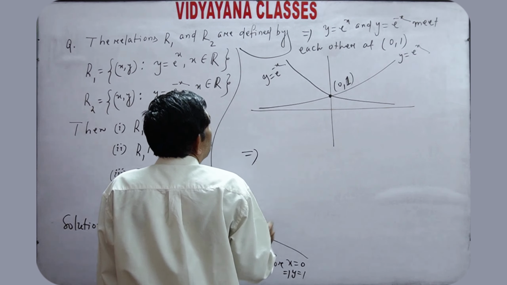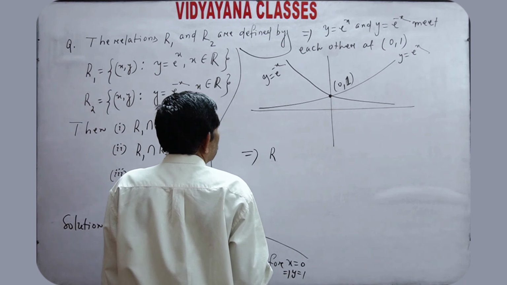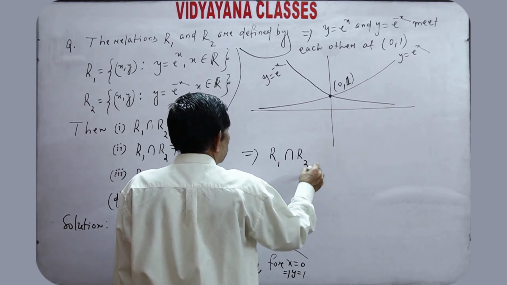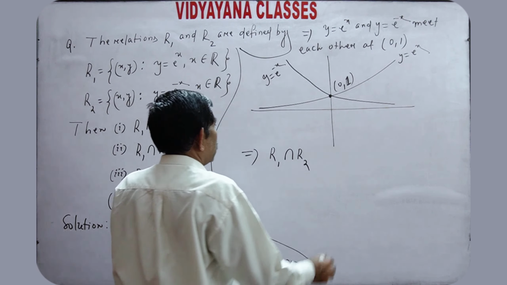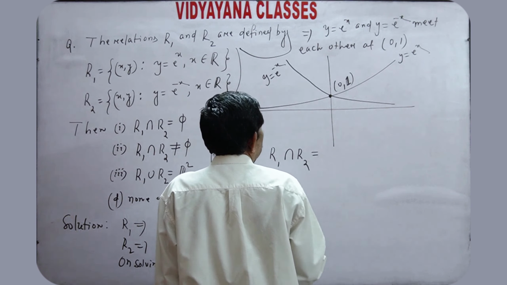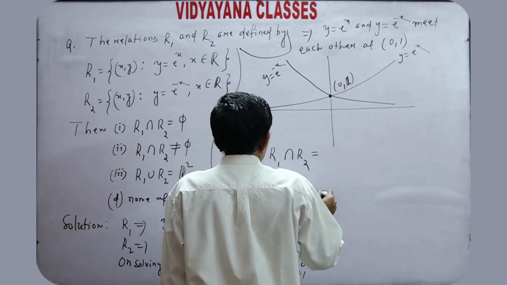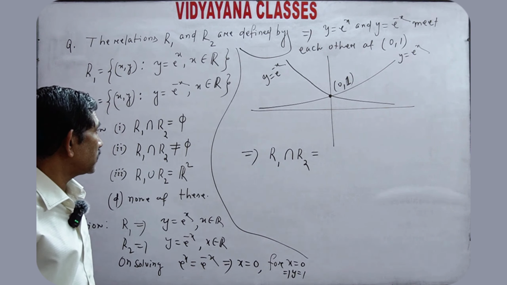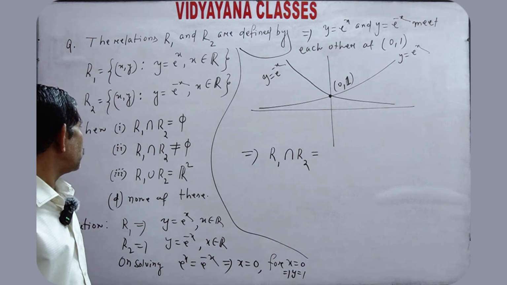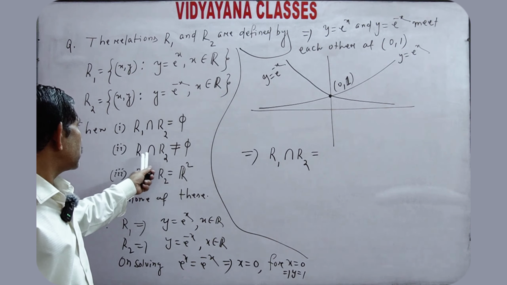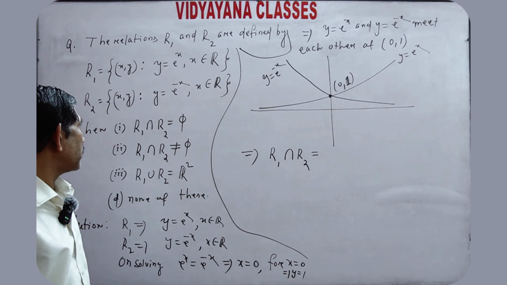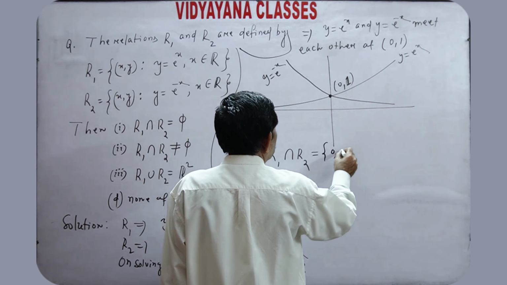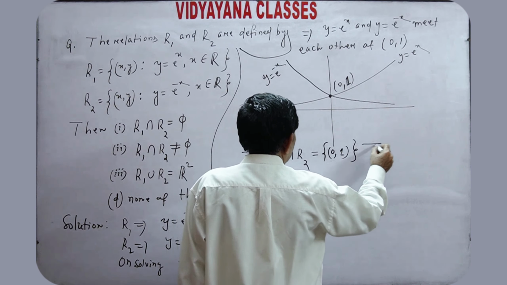Implies R1 intersection R2 is not equal to phi, since the intersection contains the ordered pair (0, 1).